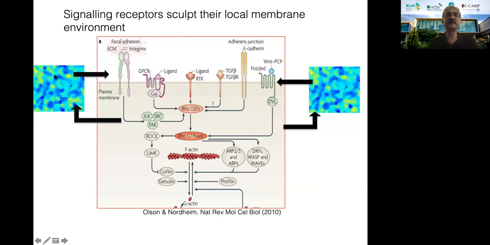So for example, since these domains contain liquid-ordered patches, they can support machinery inside the cell that prefers to hang out in liquid-ordered patches, because those patches are now built locally. And then some new biochemistry happens. For example, the entire spreading reaction of a cell requires the activation of RAC, and RAC is activated when it arrives in these liquid-ordered patches.